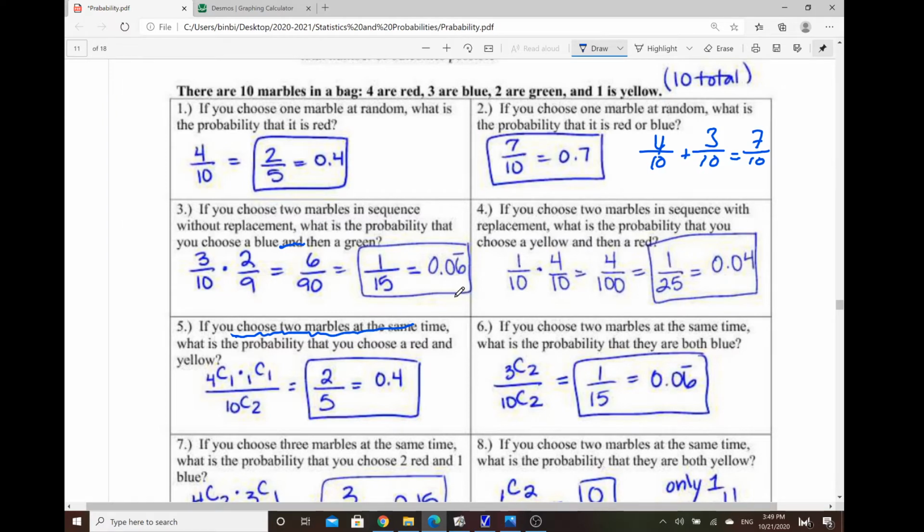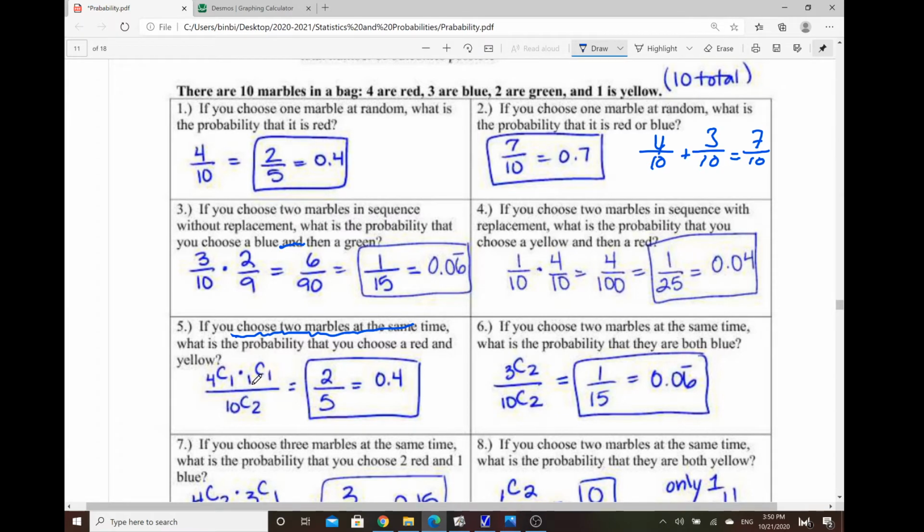So let's find out how many marbles we need to select. 10 choose 2. From the 10 marbles, we need to select 2 at the same time, so the total outcomes are 10 choose 2. To select the red marble, it's 4 choose 1, times 1 choose 1, because the other one you want is a yellow marble.